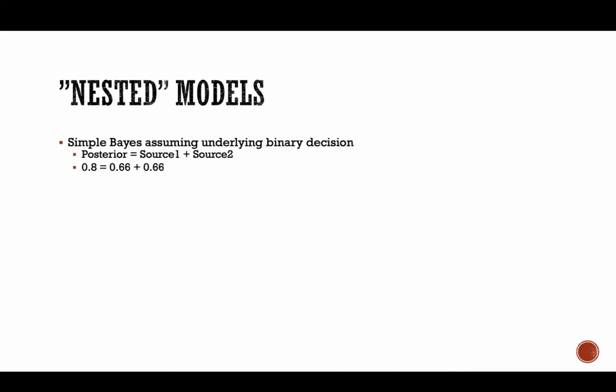The idea is that my initial formulation of the simple Bayes would assume that we are modeling an underlying probability that I should choose red in the next try. Meaning that if one of my sources was 2 out of 3 red marbles, and the other source was 2 out of 3 people telling me to pick a red, I would sum them up on a log-odds scale.